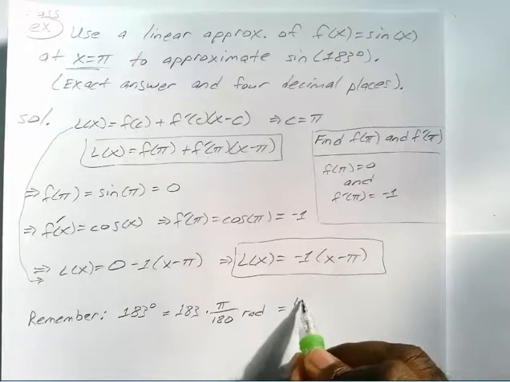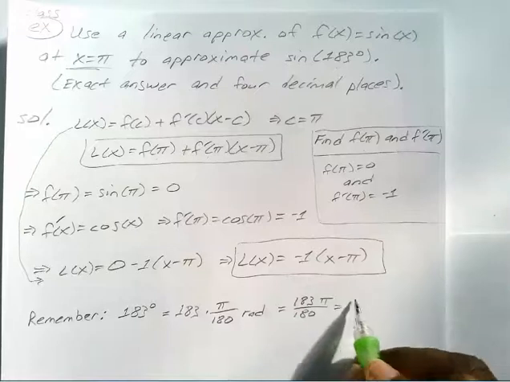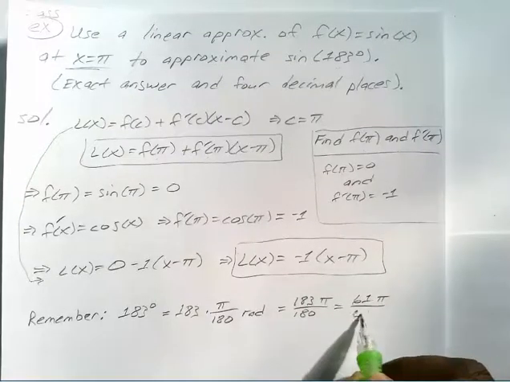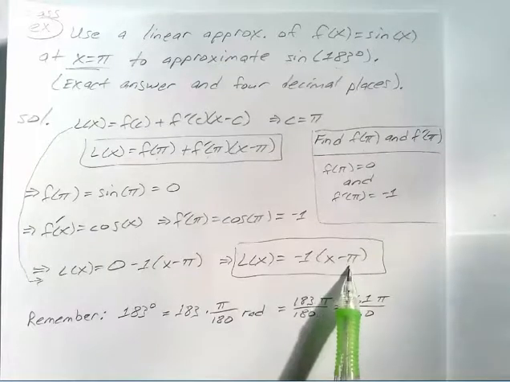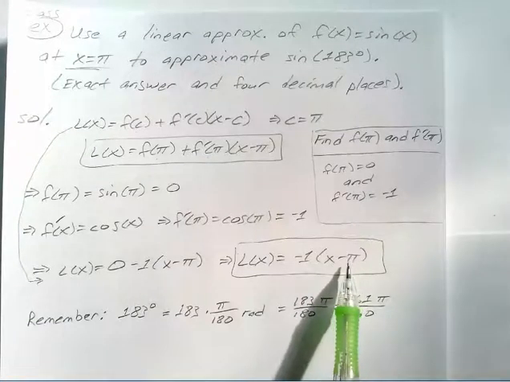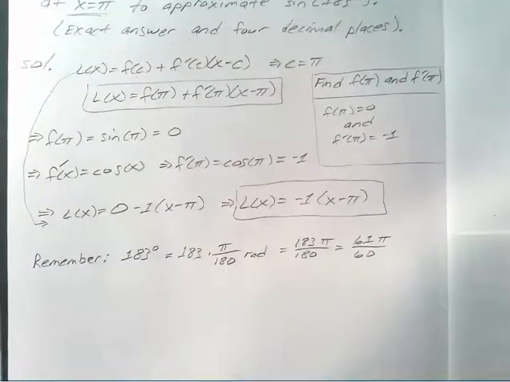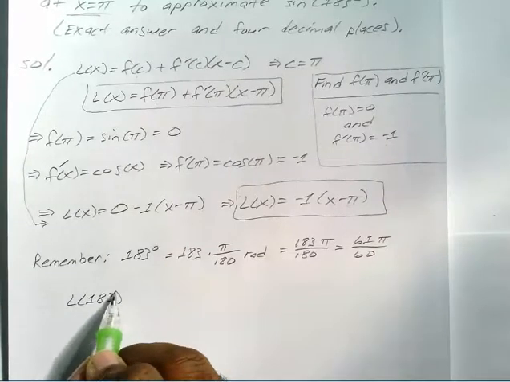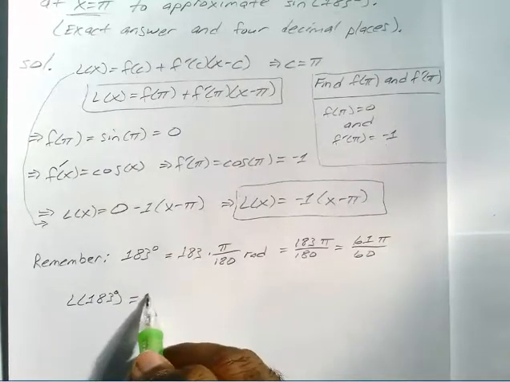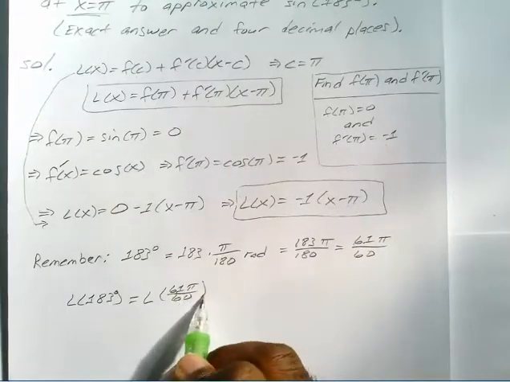So really that's just 183 pi over 180, which is 61 pi over 60 radians. And that helps because you have a pi right here. If you plug in a degree value, it won't really give you an exact answer, so you want to be able to combine those two pi values. So our linear approximation at 183 degrees is really the same as the linear approximation at 61 pi over 60 radians.